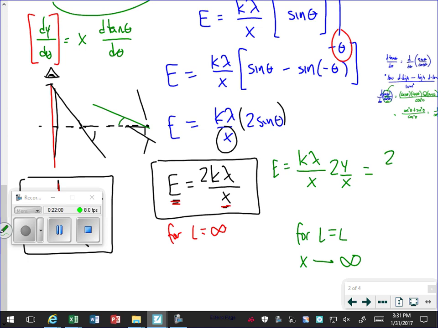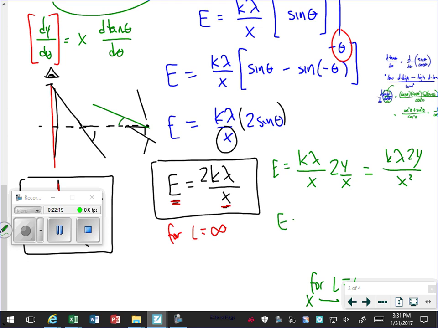That's 2. Well, you know what? I'm going to leave it as K lambda 2y over x squared. Well, we're getting towards something real good when we say that K lambda is q over L. 2y is L, right?